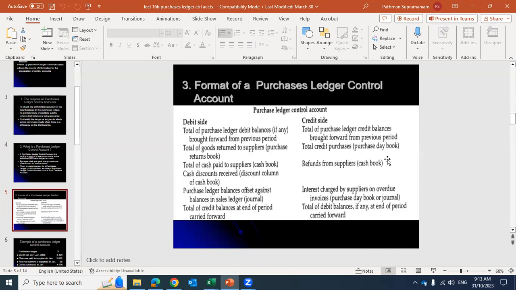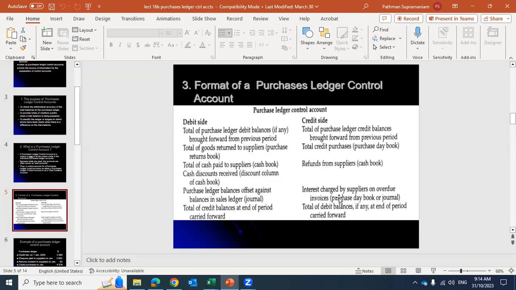Then we might have refunds from suppliers. This means we received payments from suppliers after we had settled them in full. We would have debited the cash book, hence we need to credit here.